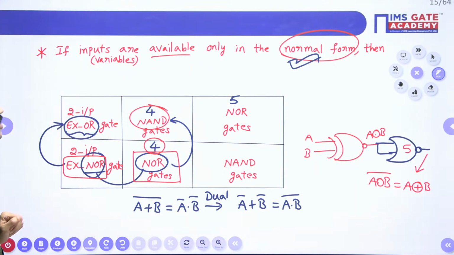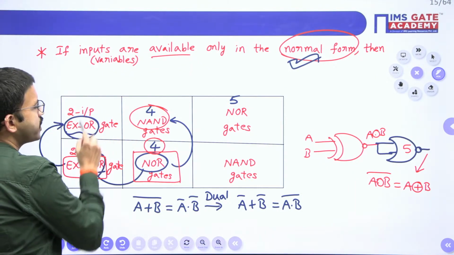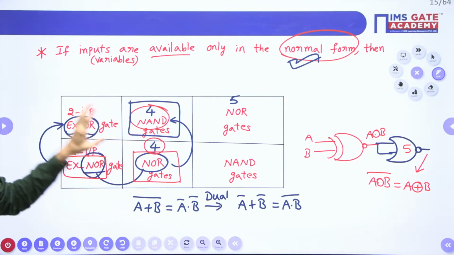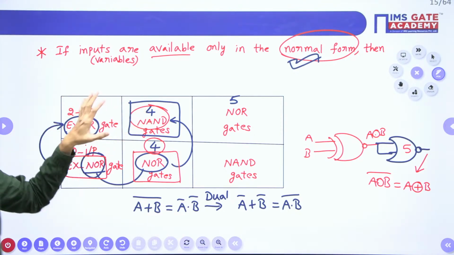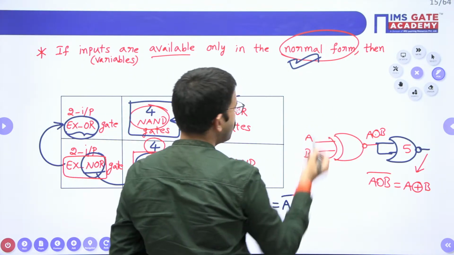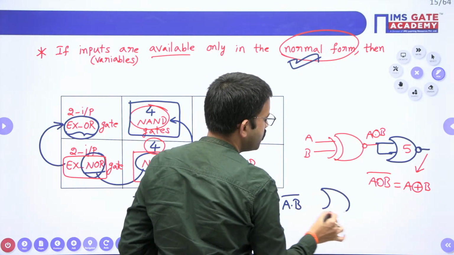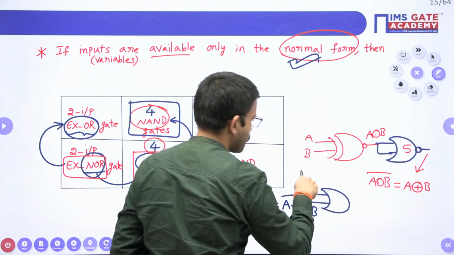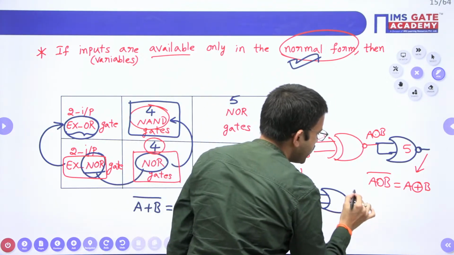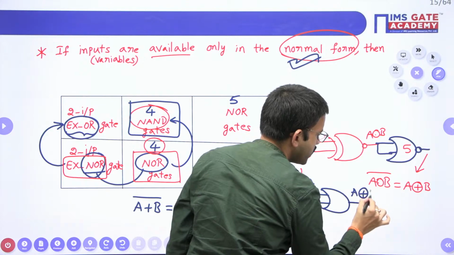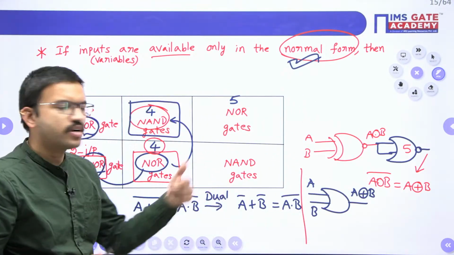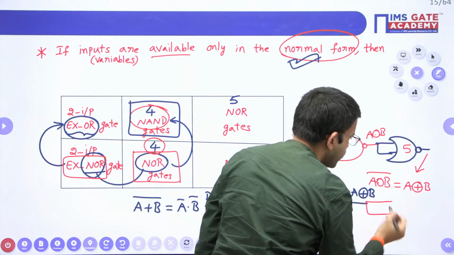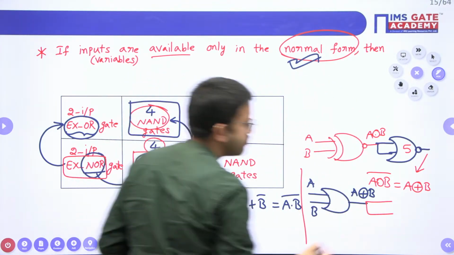Apply the same logic. Here I got XOR gate with the help of NAND gates. Now tell me, if you want to get XNOR, what do I have to do? Here I got A XOR B. In order to get XNOR, I have to pass this output through an inverter, which here I am making from a NAND gate.